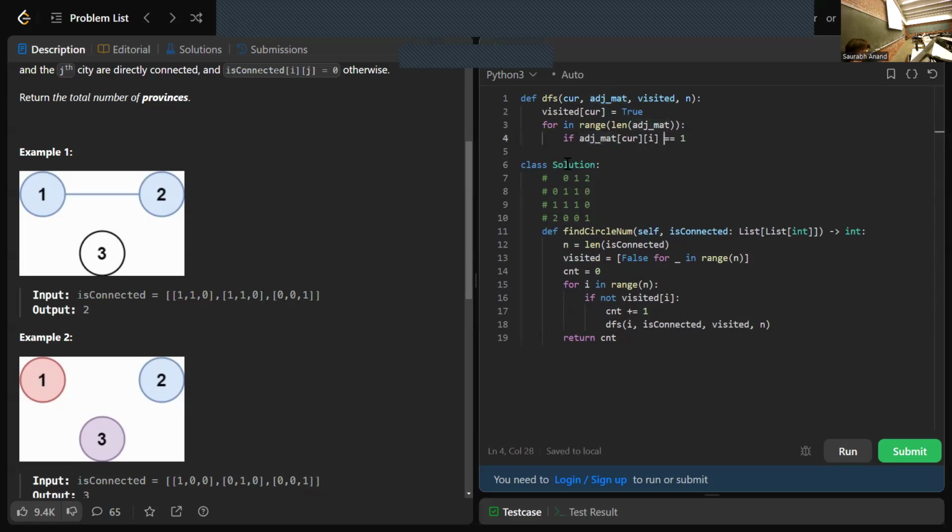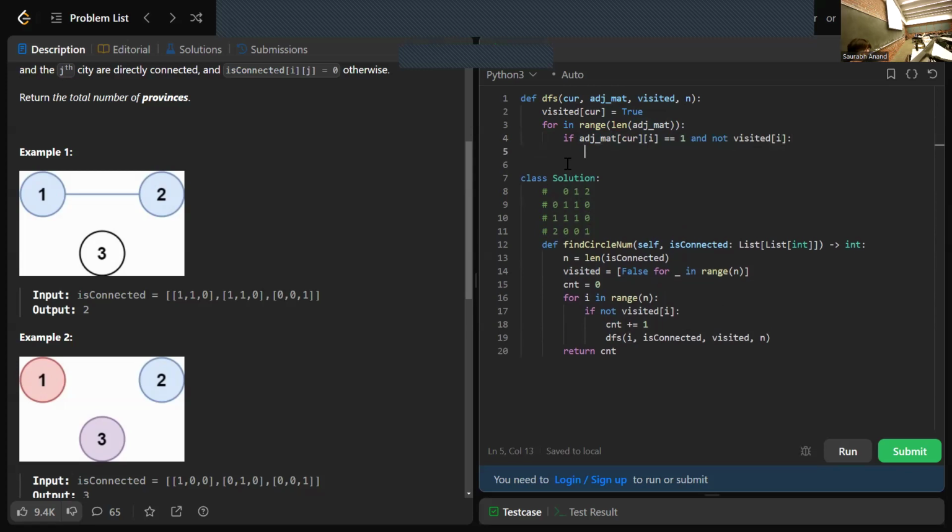So we need to check that. And if we haven't already visited I, then we can DFS from there as well. So we'll DFS I, and we need to give it the adjacency matrix, what's already been visited, and n as well. And that's it. That's the code.